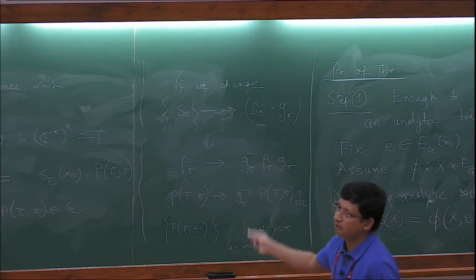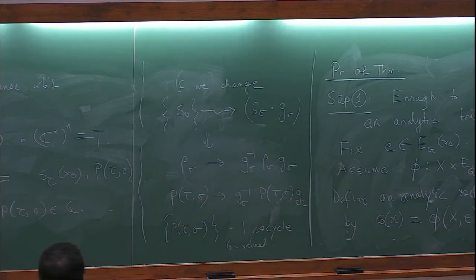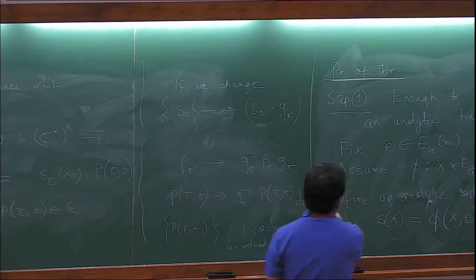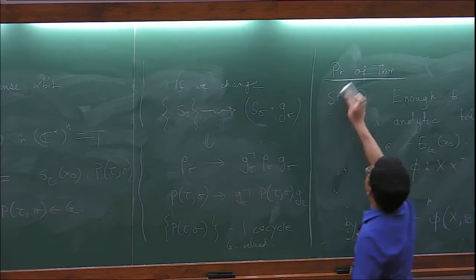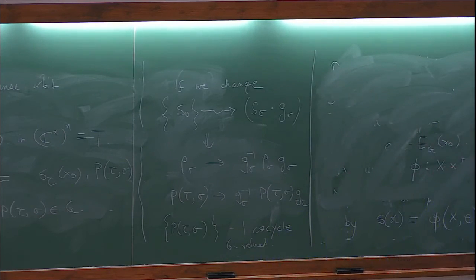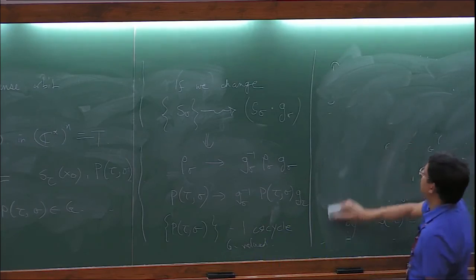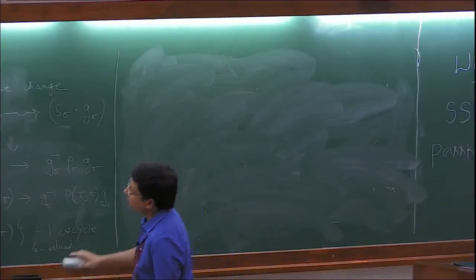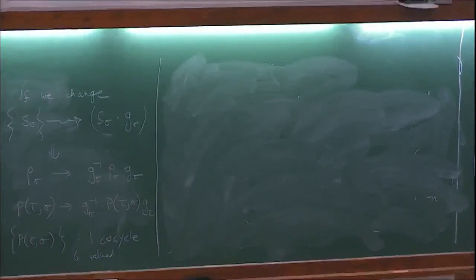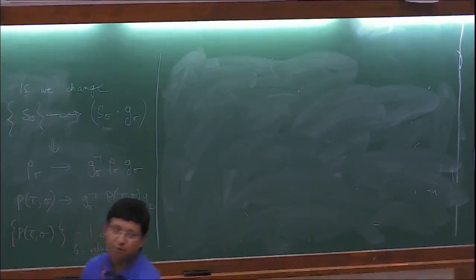So I have this kind of data I get from such a bundle, and then this kind of data up to some equivalence relation classifies the principal bundles, gives you the isomorphism classes of principal bundles.